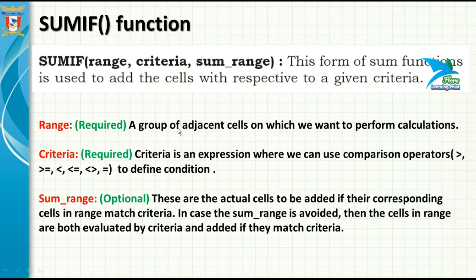And the third one is sum range. The third parameter is an optional parameter. These are the actual cells to be added if their corresponding cells in the range match the criteria. So that means the criteria is defined on the basis of the range cells, and if the condition defined in the criteria is fulfilled, then the system will perform calculation on the cells available in the sum range.